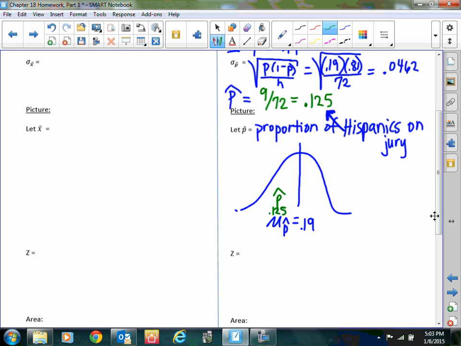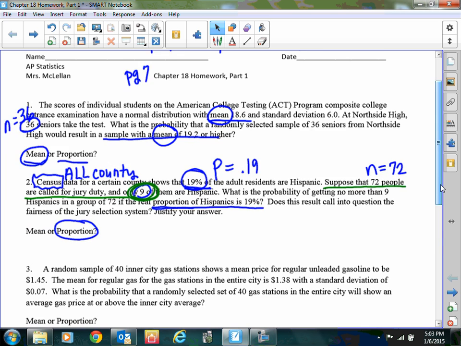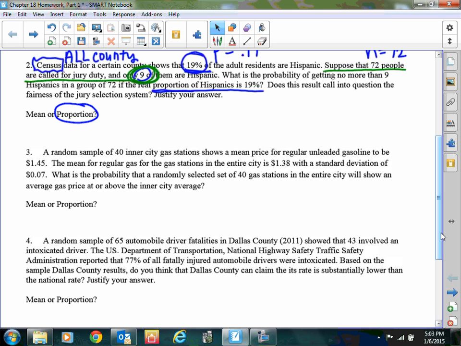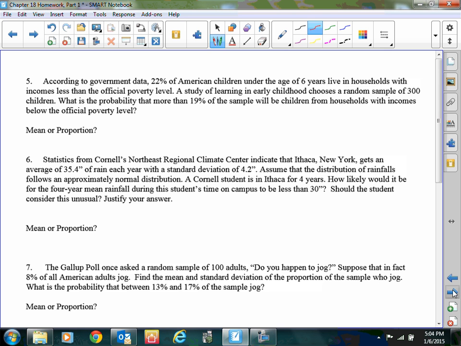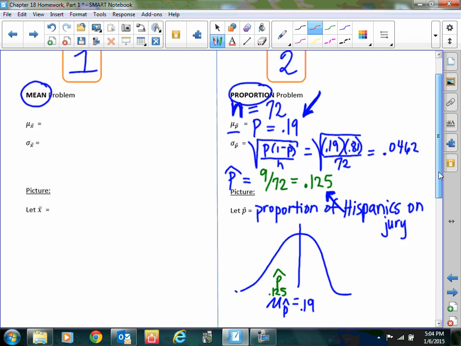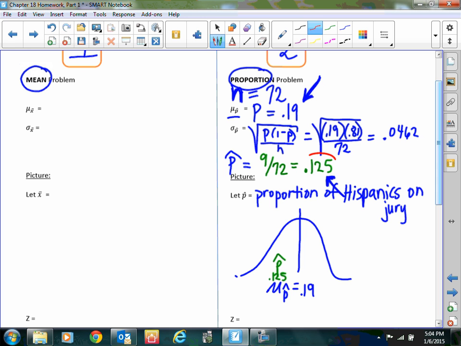All right? What would make us call into question, because that's the question that it's asking. Let's look at the words here. Does this result call into question the fairness of the jury selection system? What would make you claim, if you were a lawyer for a Hispanic defendant, what would make you say, hey, this should be a mistrial because the juries that they select are not being representative of the population?